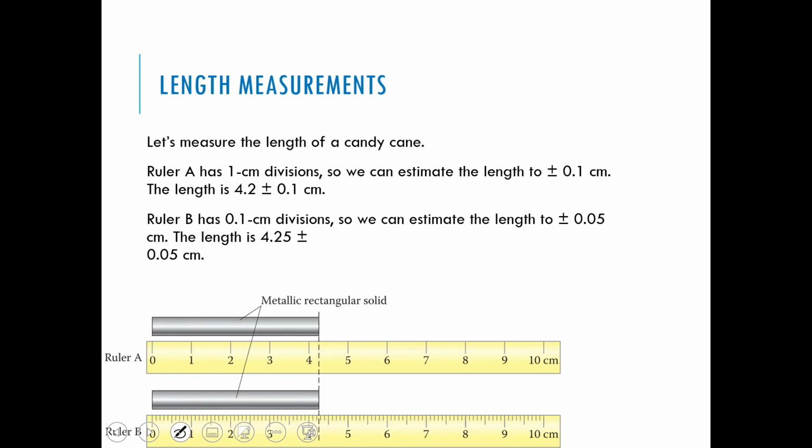Now, if we were to look at these two rods using these two rulers shown, notice that they're both 10-centimeter rulers.